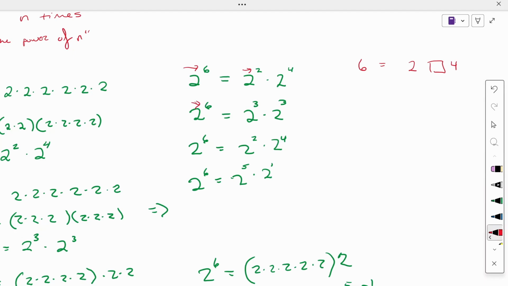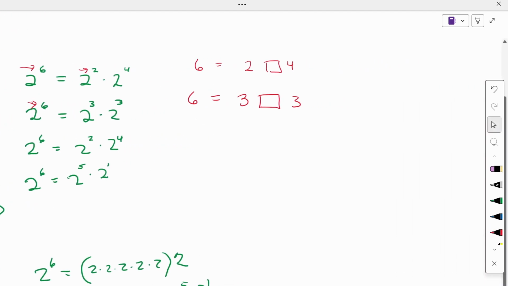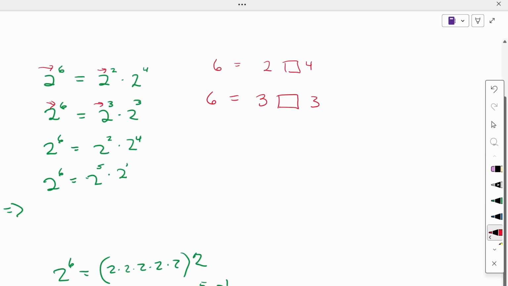Or we look to this next row, and I see that 6 is related somehow to the exponents 3 and 3. Okay, and I look to this last row and I see that 6 is related to the exponents 5 and 1.